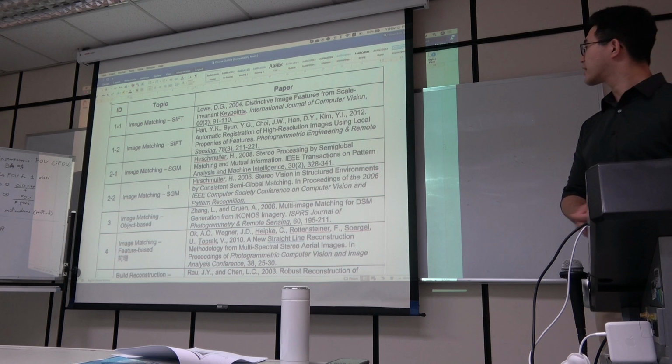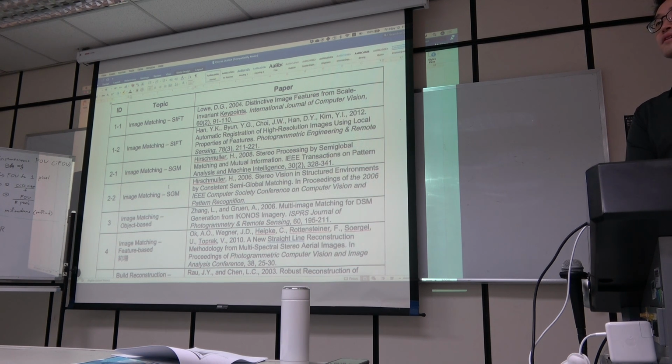The third one. Okay, it's here. The first one, SIFT. Okay, that's a good choice. This is the original paper that proposed SIFT.